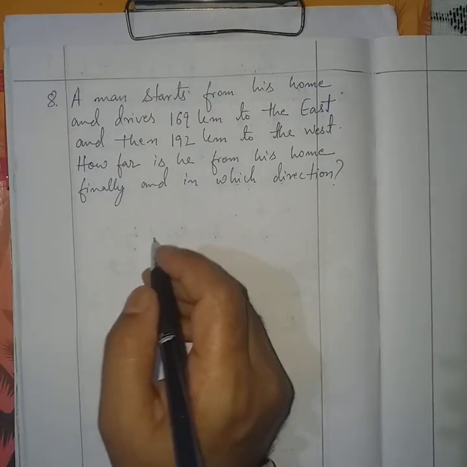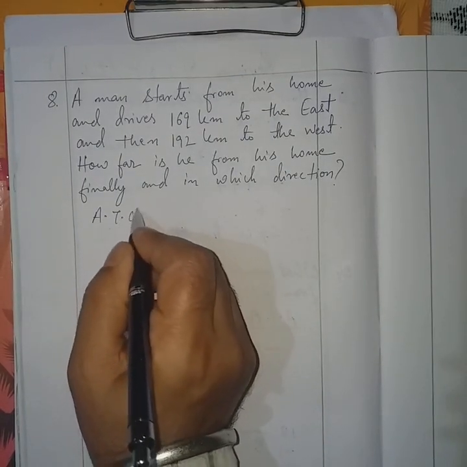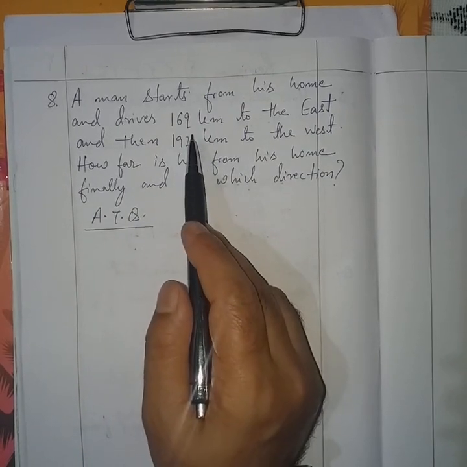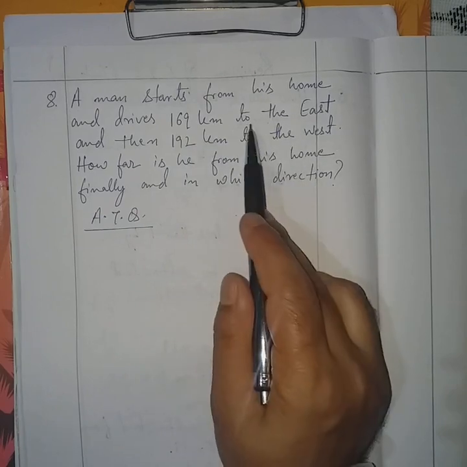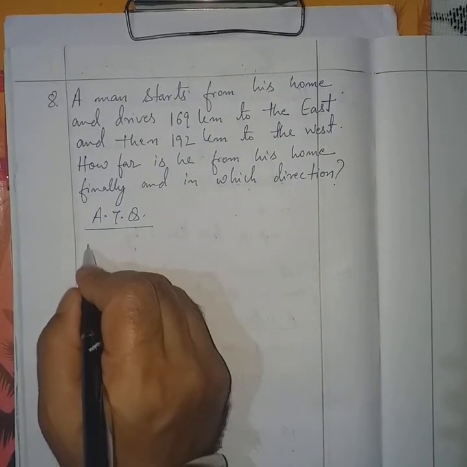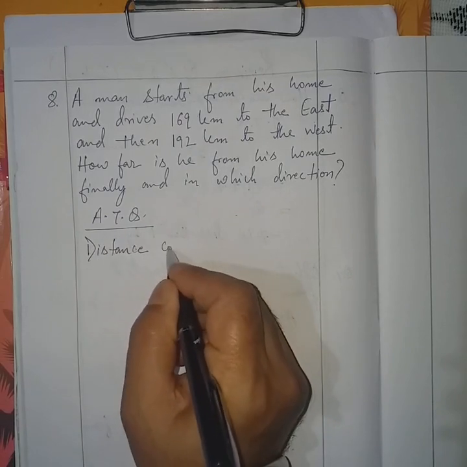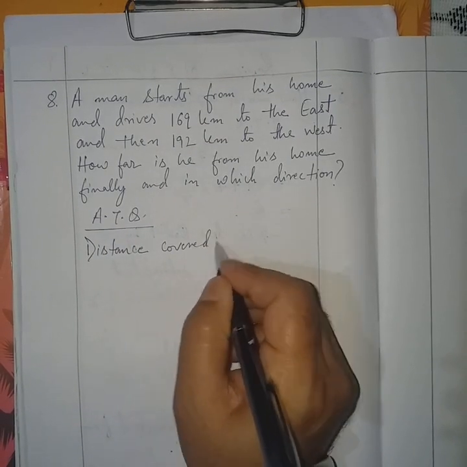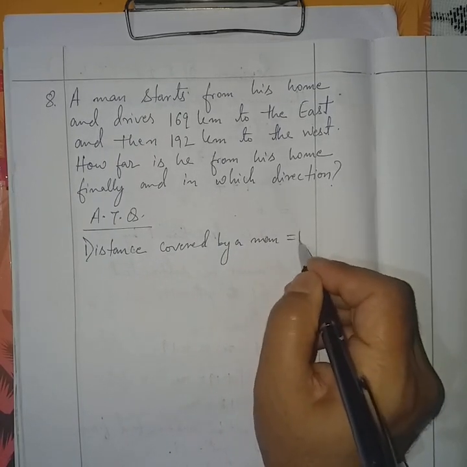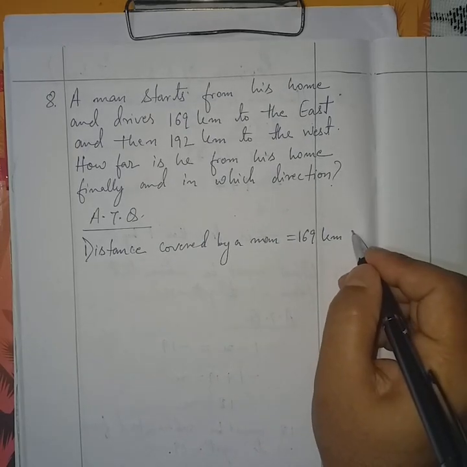Now here, first of all, let us write according to question. The distance covered by a man to the east is 169 kilometer. So let us write distance covered by a man is equals to 169 kilometer east.